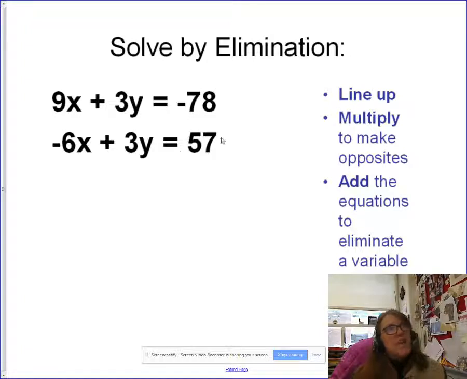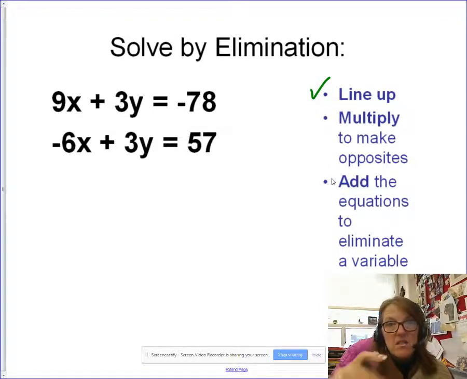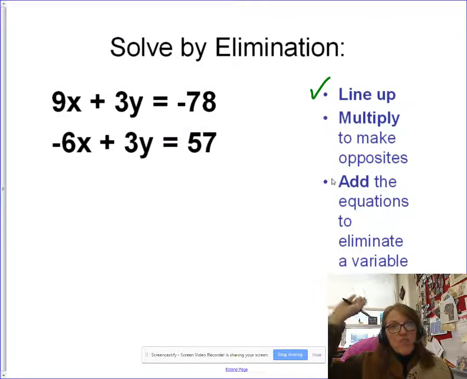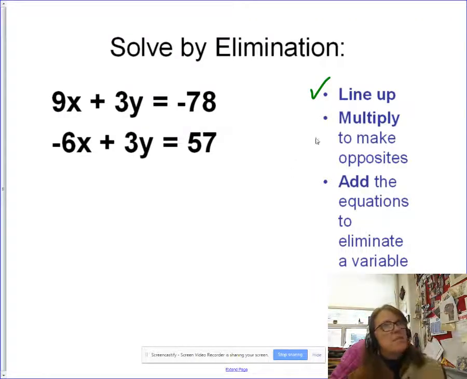Cool. Next, so we got that done. Now, we need to check and see if we can create opposites or if opposites already exist in either the X terms or the Y terms, so that when we add these together, whoosh, something drops out. So I'm looking at 9 and -6, and even though I have a positive and a negative, no, I don't have opposite numbers.